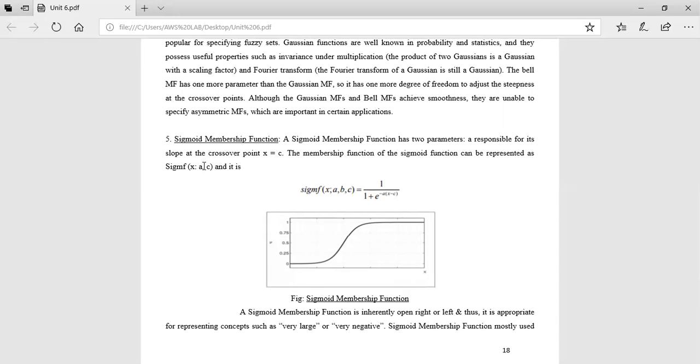So SIGMF of x colon A comma C. It's not A comma B comma C, it's just A comma C. SIGMF of x colon A comma C is equal to 1 by 1 plus e to the power minus a of x minus c. Our graph will be in an S-shape.